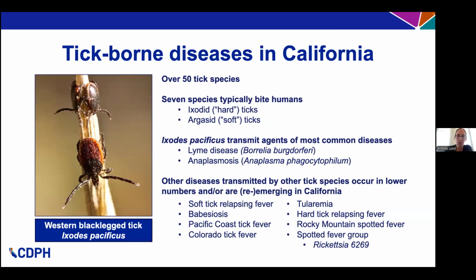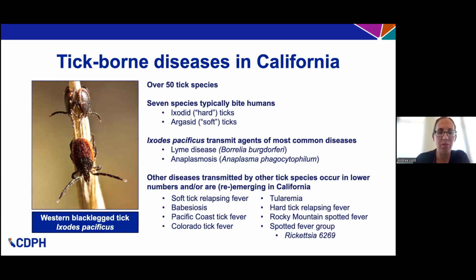Now I'll transition to tick-borne diseases. Ticks are small spider-like creatures, most often found in wooded or brushy areas with tall grass, rocks, logs, fallen leaves. They attach to hosts, often animals, sometimes people, and feed on their blood for up to several days. And in doing so, they can transmit pathogens.